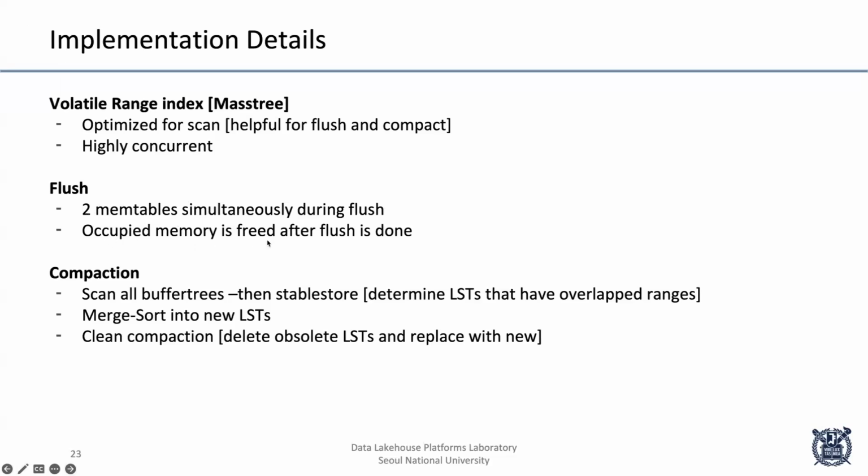The occupied memory is freed after the flush is done, and then new space is allocated. For compaction, they scan all of the buffer trees and the stable store, and determine the LSTs that have an overlapped range. They merge sort them into new LSTs, and then perform something called clean compaction, which is deleting the obsolete LSTs and replacing them with the new ones.